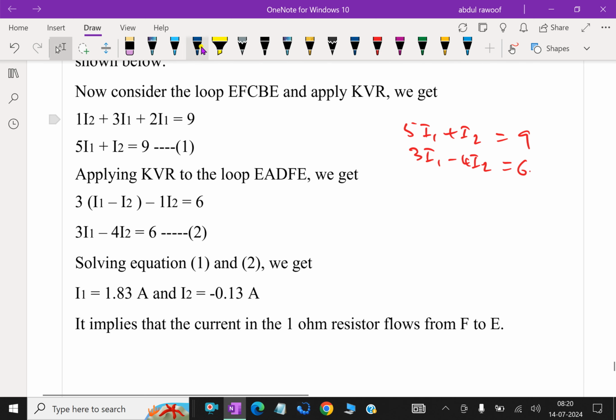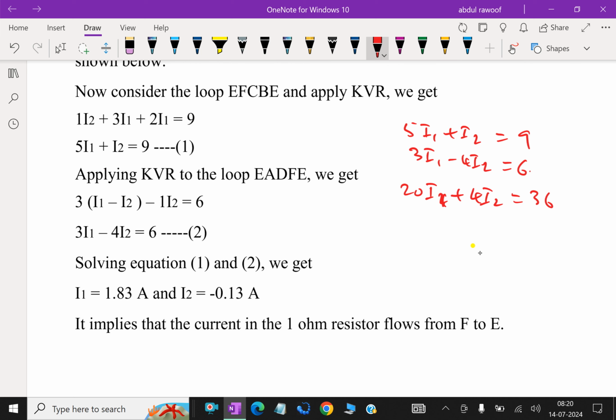So we multiply the first equation by 4, because in the second equation I have 4. So 4 multiplied gives 20 I1 plus 4 I2 equal to 36. The second equation is 3 I1 minus 4 I2 equal to 6.